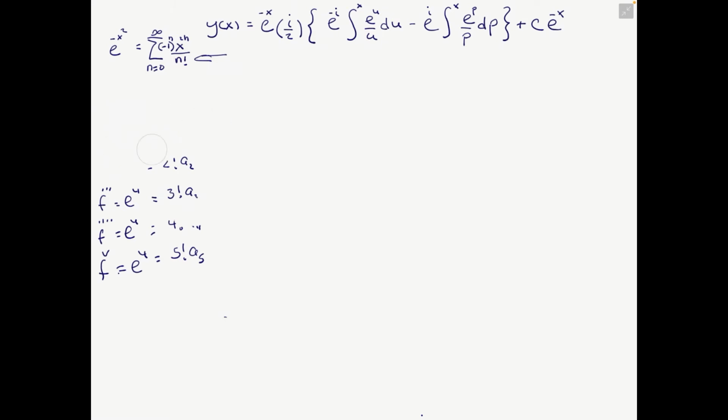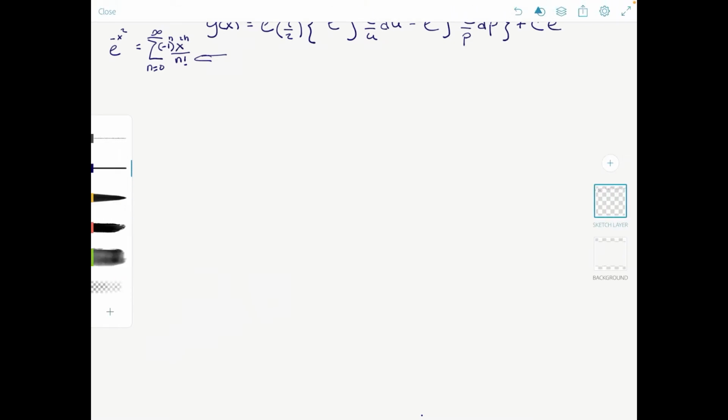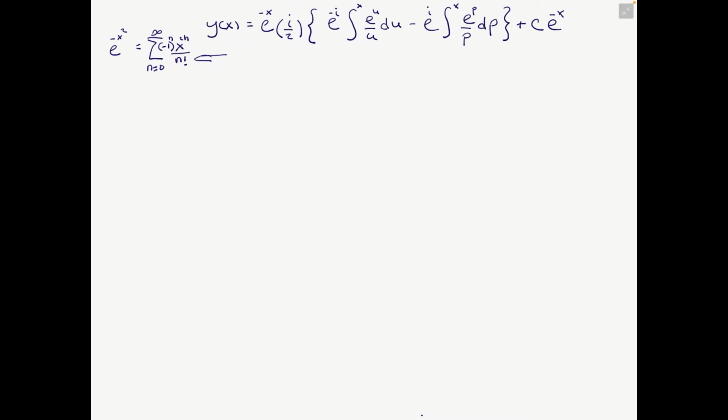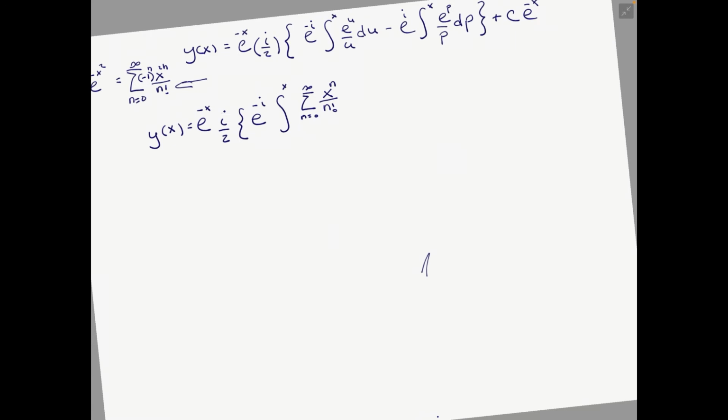because after we erase the board, we have y of x equals e to the minus x, i on 2, e to the minus i, and we got this polynomial series all on x.